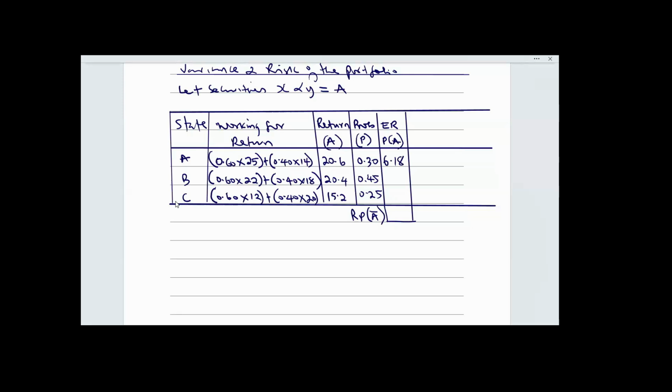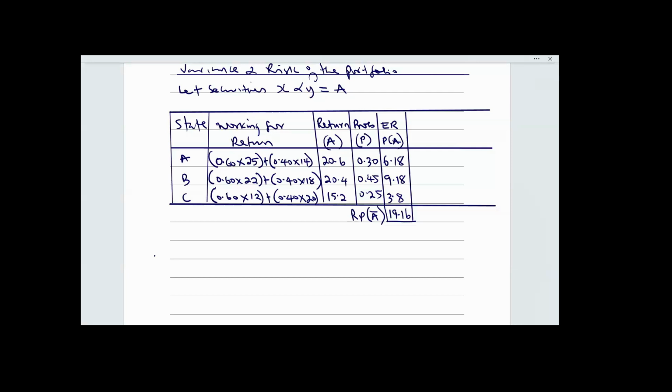The next one, 20.4 multiplied by 0.45, 9.18. The last one is 3.8. So add it up. What do you have? 19.16. So the return of the portfolio is 19.16.